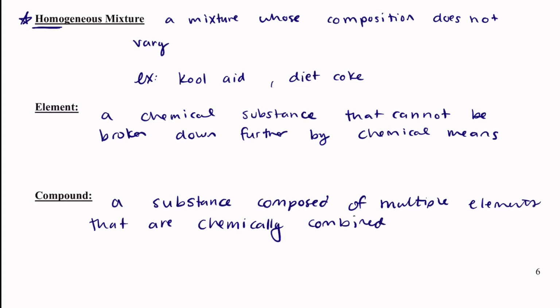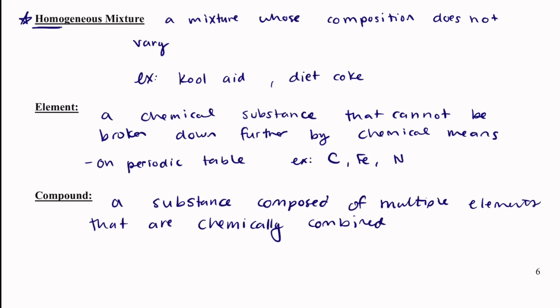And we're going to come up with a few examples of those. An element, for example, is on the periodic table. So you could have carbon, you could have iron, which is Fe, you could have nitrogen, so on and so forth.